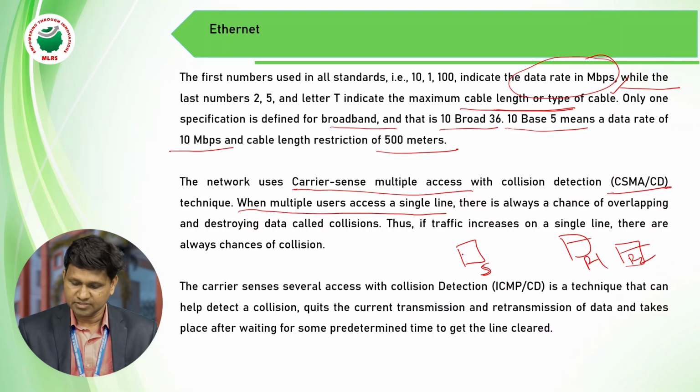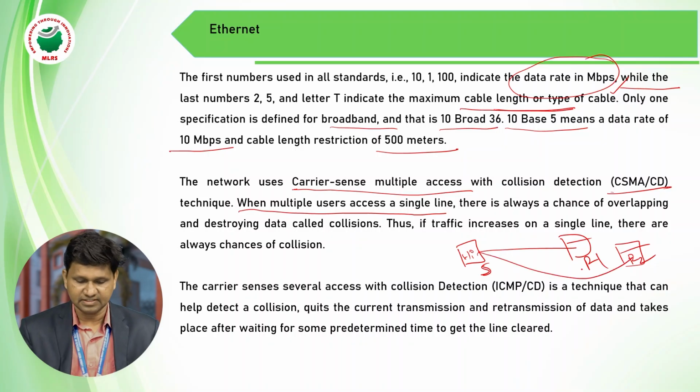If you want to send a message, hi, from source to destination, there are different types of users. In that case, the network uses CSMA/CD when multiple users access a single line, only one line.